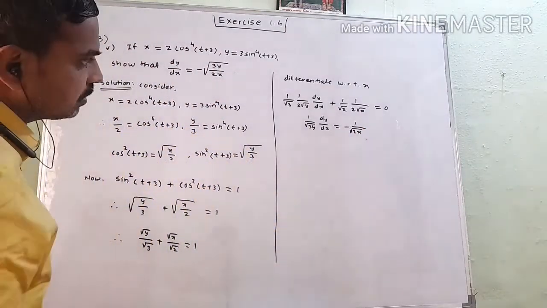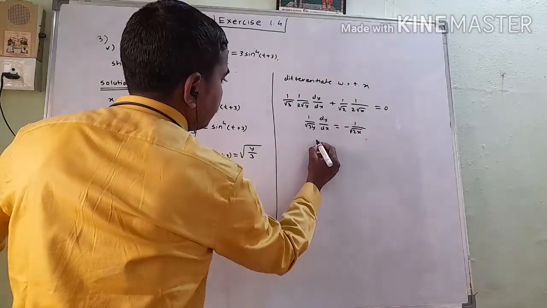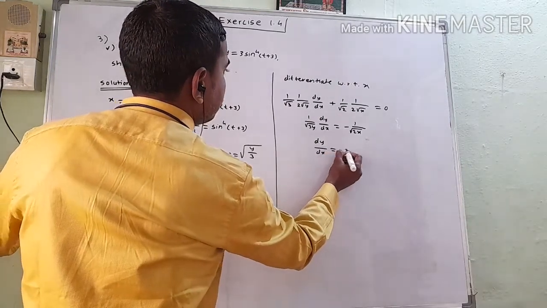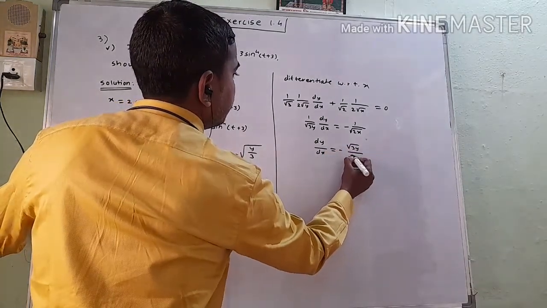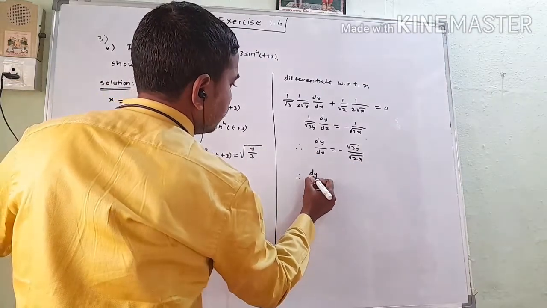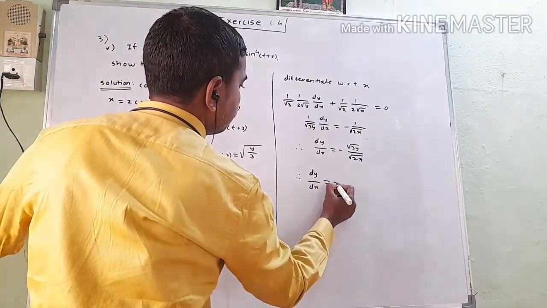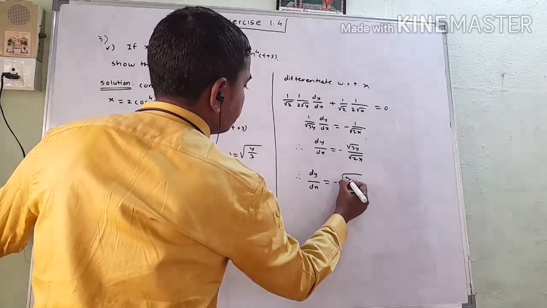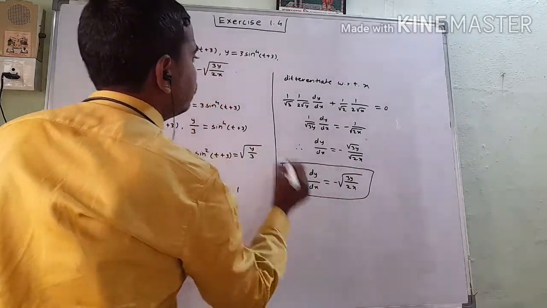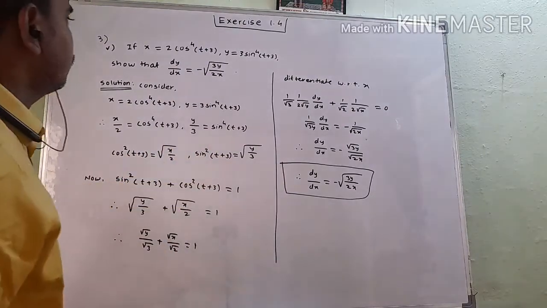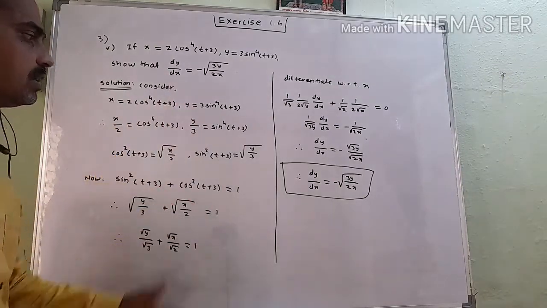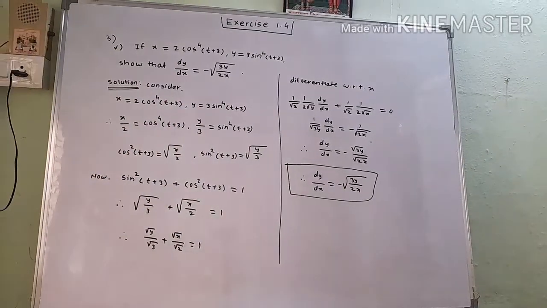Now by multiplying root 3y on both sides, we get therefore dy by dx equal to minus root 3y divided by root 2x, and this is our required result. We write this in our original form, minus root of sin 3y divided by 2x. This is our result which we wanted to prove. In this way we can solve parametric differentiation by using elimination of the parameter. This is the solution of the fifth example.